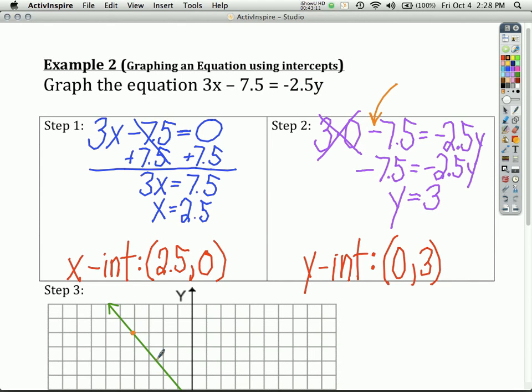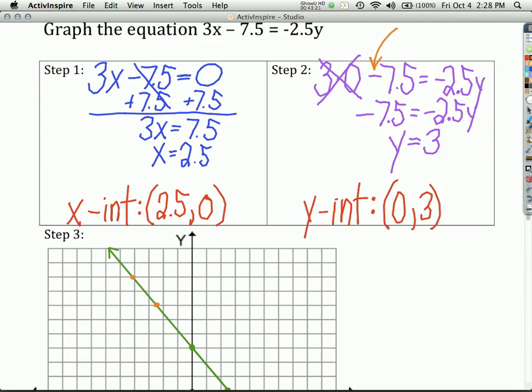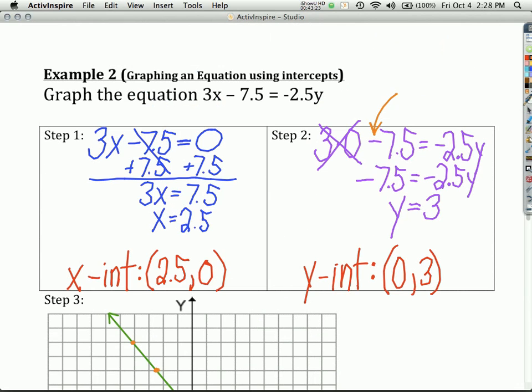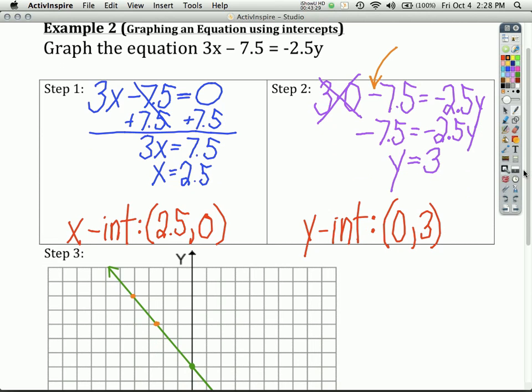If I pick these coordinates right here into this equation, it will become a true statement. So any point on this line is a solution to this equation. That's the purpose of a graph. It represents all of the solutions. That's an important connection to understand. Does anyone have any questions about that?